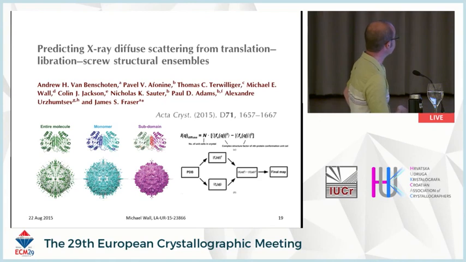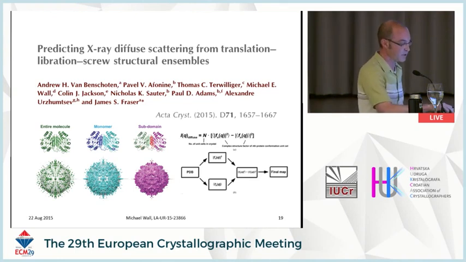He now has a pipeline that takes a PDB structure, or a set of PDB structures, as an input and performs the same operations that I've shown you on the previous pages with the MD. In this case, he applied it to TLS models and calculated the final map of diffuse scattering. So this is recently published work.